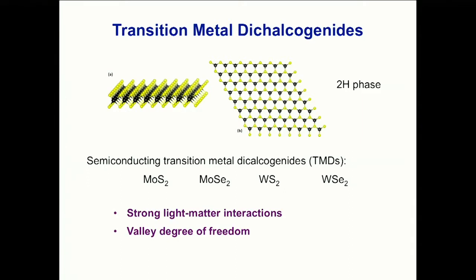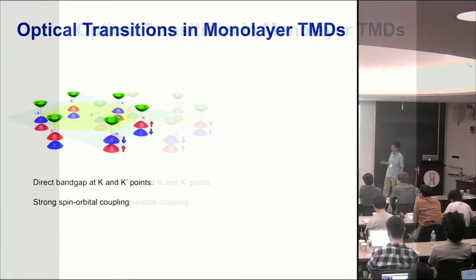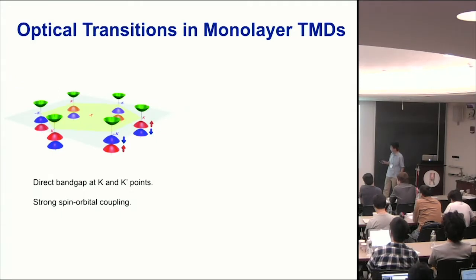They are quite interesting in the sense that light and electrons interact very strongly in these materials. The other is that the valley degree of freedom in transition metal dichalcogenides is also quite interesting, and it can be controlled by optical light. First, the band gap of these materials lies at the K and K prime points, just like graphene.